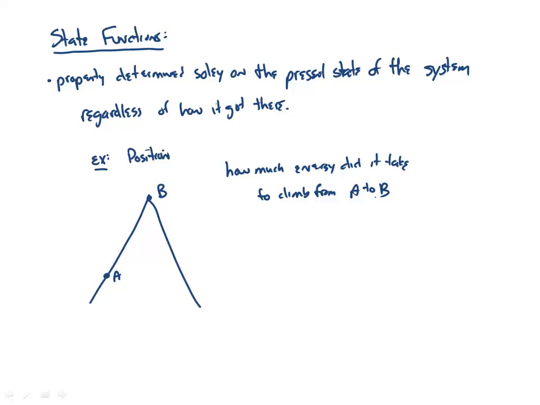Let me think, make sure I'm not screwing this up. I'm picking a bad example, maybe. Yeah, how much energy it took to climb to B varies. Or I'd like a better example.